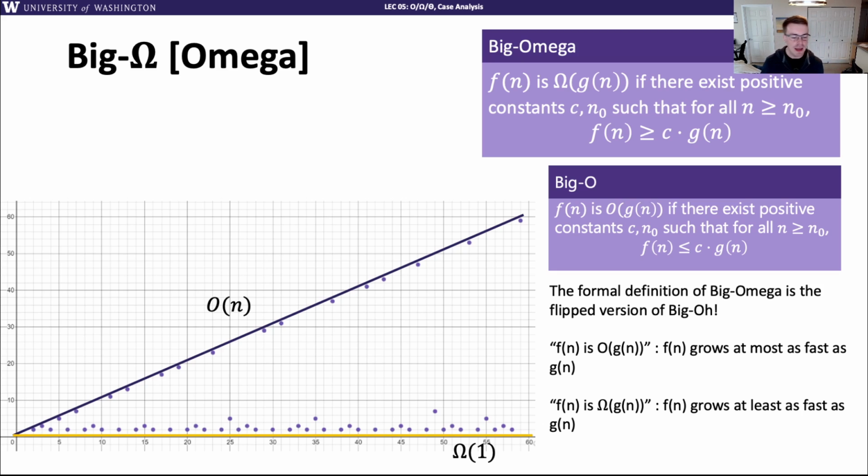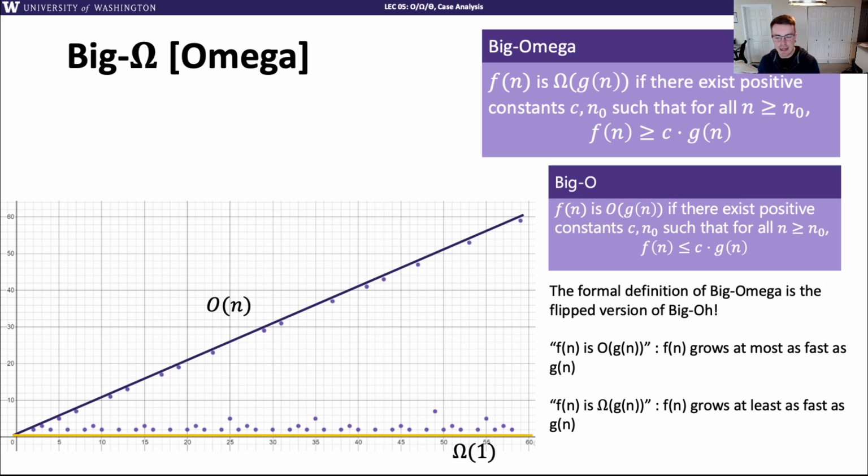Notice that the big omega and big O definitions are exactly the same character by character, except for the O and the omega, and the direction of that less than or equal to. So big omega is finding a function that lower bounds the function of interest, while big O is about upper bounding it. f of n is big O of g of n means f of n grows at most as fast as g, and f is big omega of g if f grows at least as fast as g.